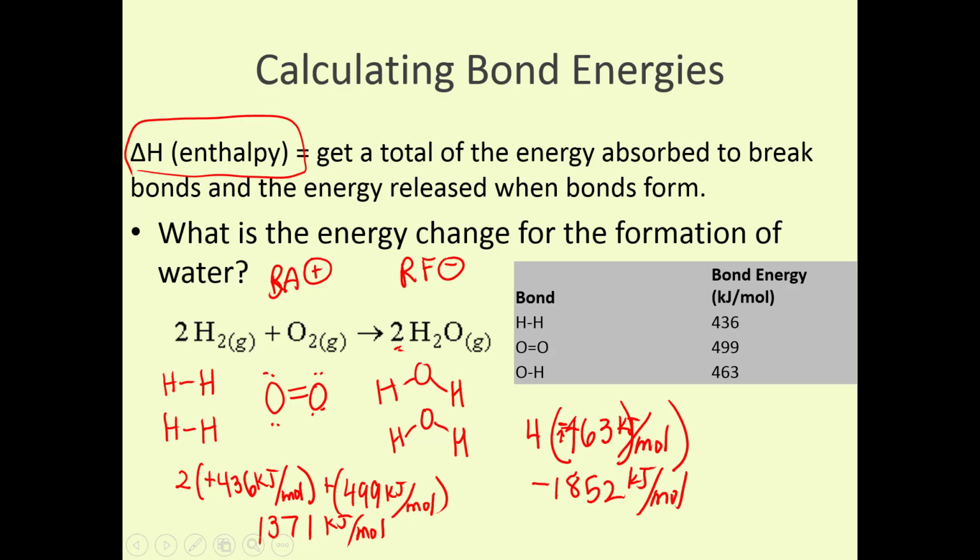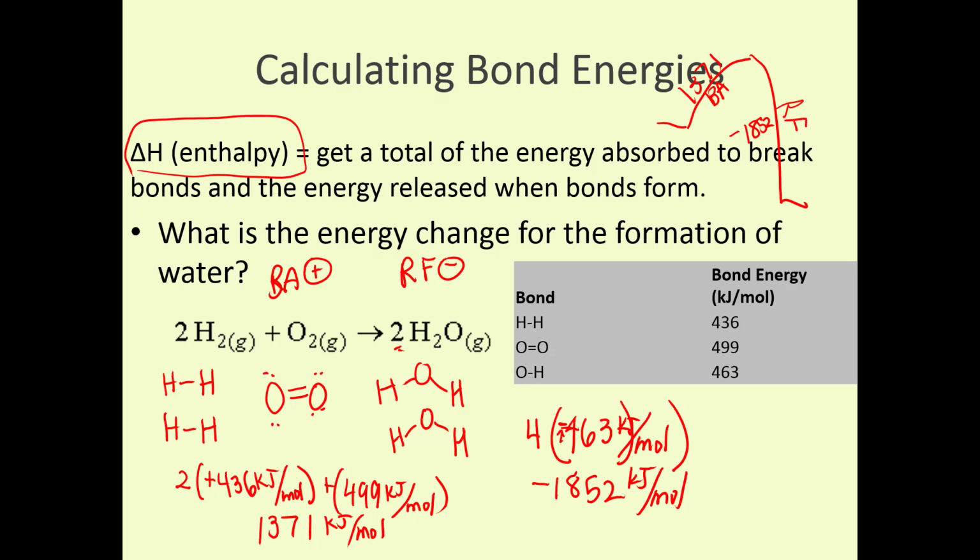So what does this all mean? Well, it means that to go uphill, we're going to need to put in 1,371 kilojoules of energy. To go downhill, we're going to release, so breaking the bonds takes that in, and making the bonds is going to release 1,852 kilojoules of energy.